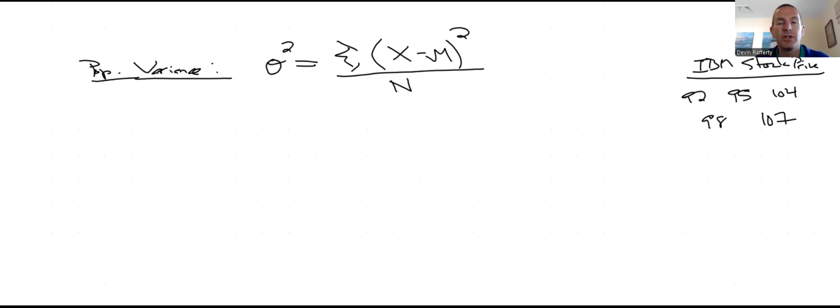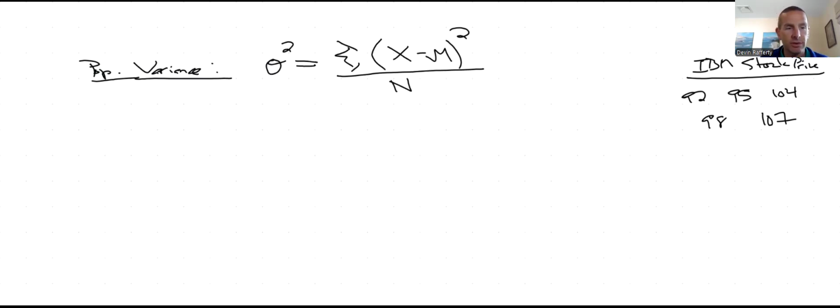However many observations you have, 1, 2, 3, 4, 5, that's how many parentheses you need when you expand and calculate this formula. So we're going to get 5 terms, 5 parentheses, x minus mu squared, okay? And then we're going to summate those 5 terms and then divide by the number of observations we have, which is 1, 2, 3, 4, 5.